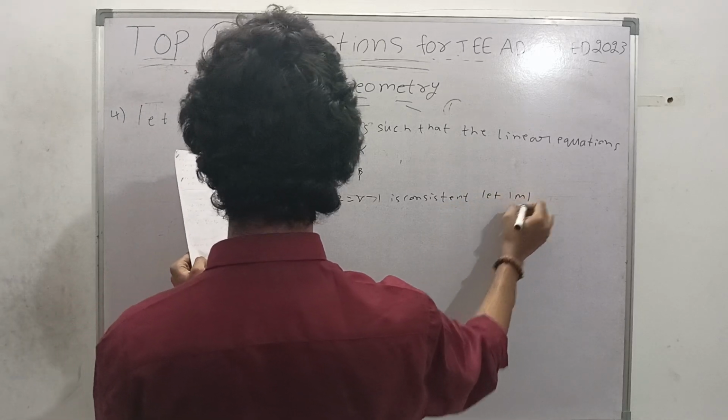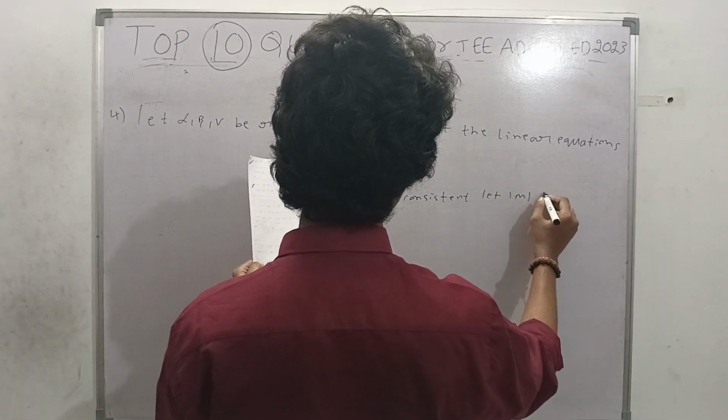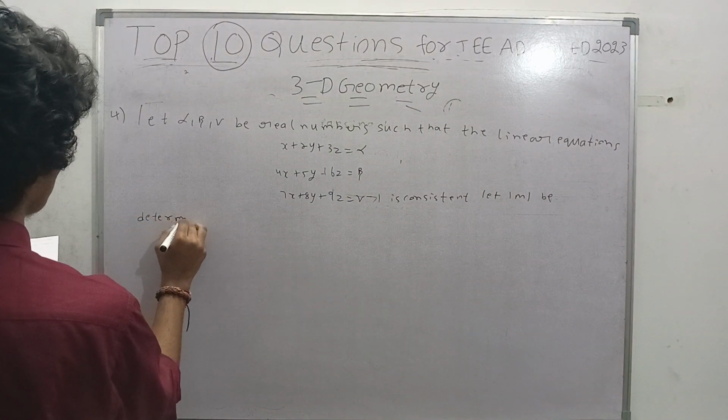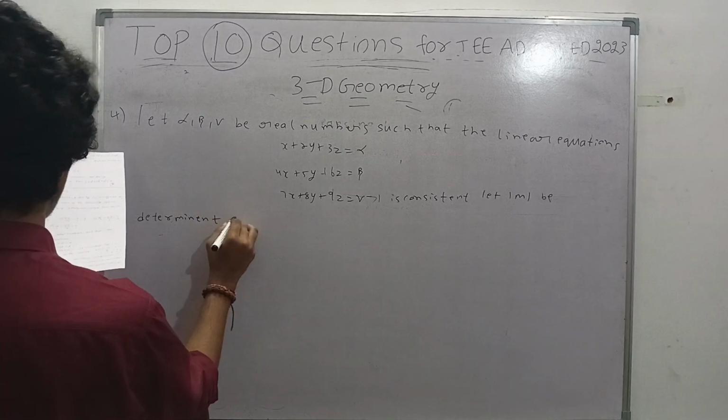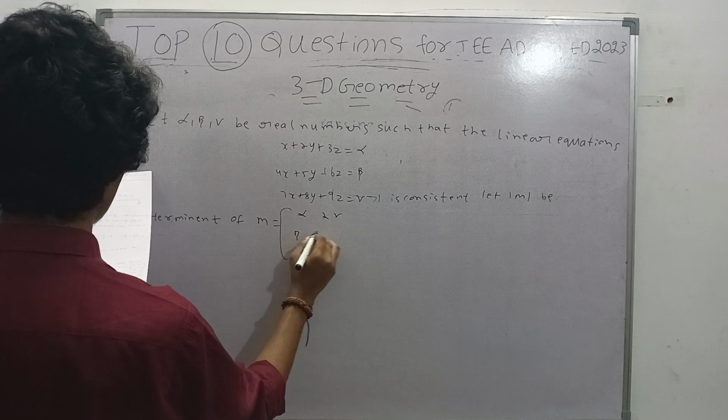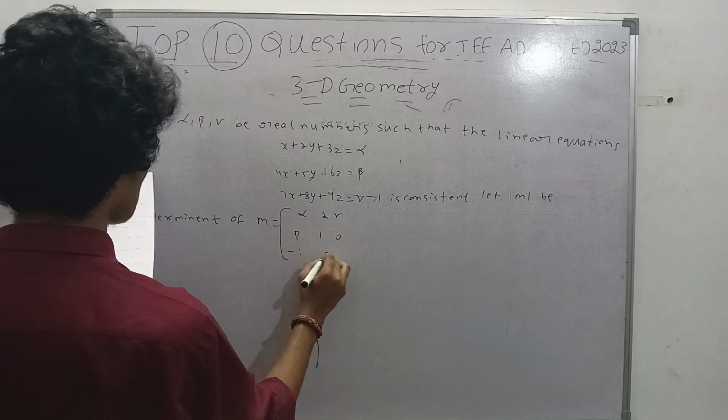Let mod M be the determinant of matrix M, that is alpha 2 gamma, beta 1 0, minus 1 0 1.